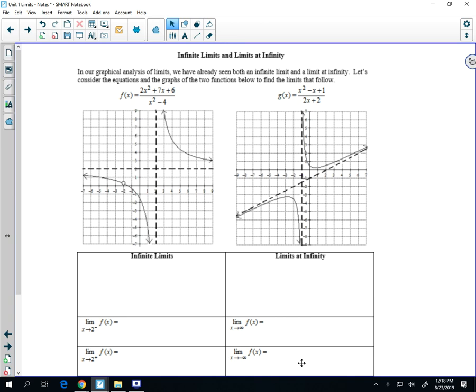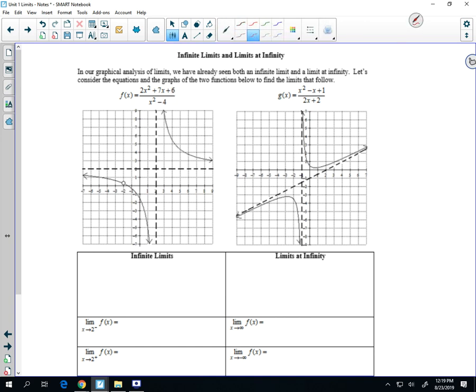And so it says, we've already seen both an infinite limit and a limit at infinity, but let's get a better idea here. Looking at this graph, we want to think about this. So infinite limits versus limits at infinity, two separate ideas.